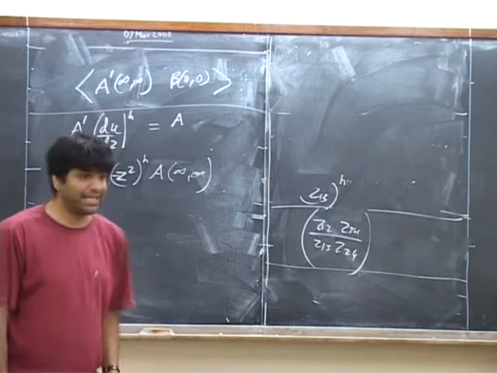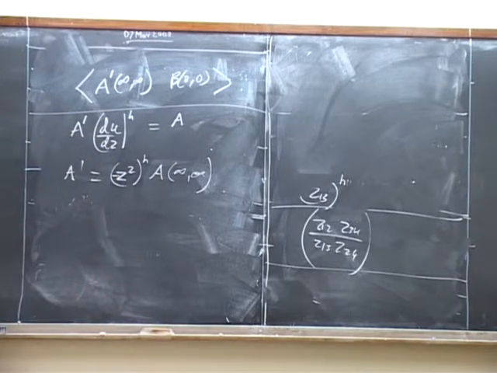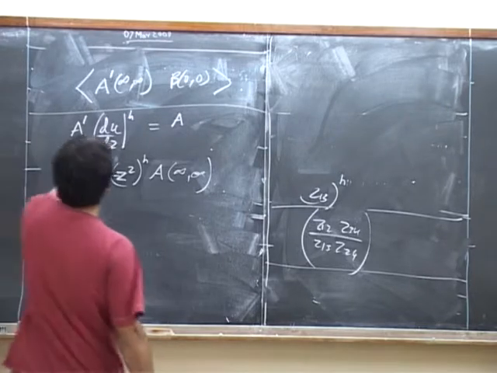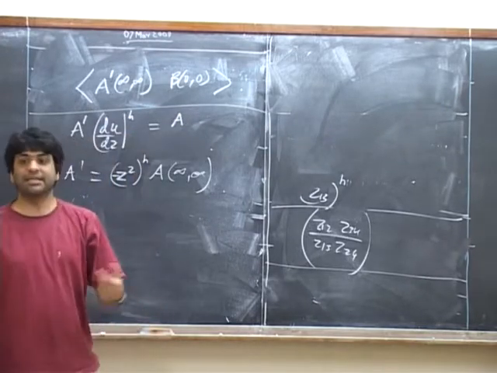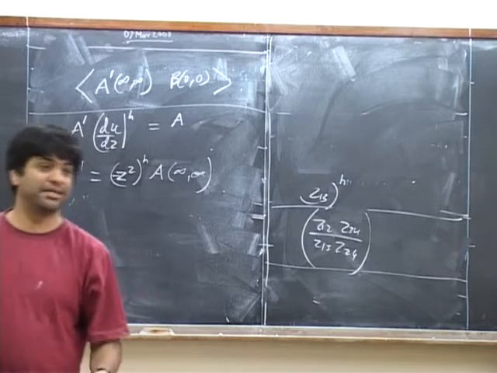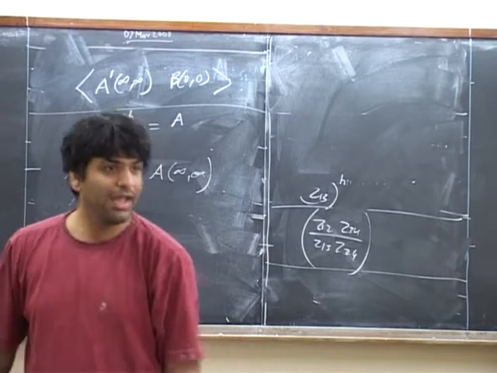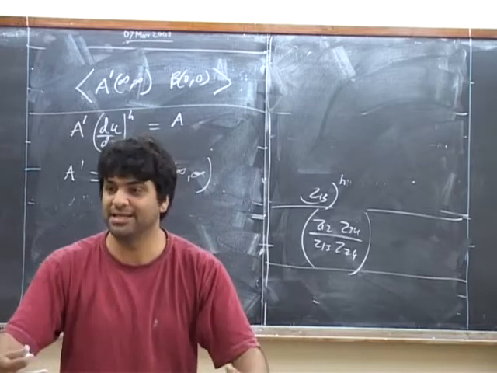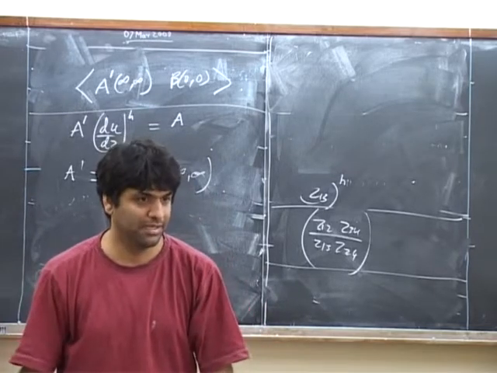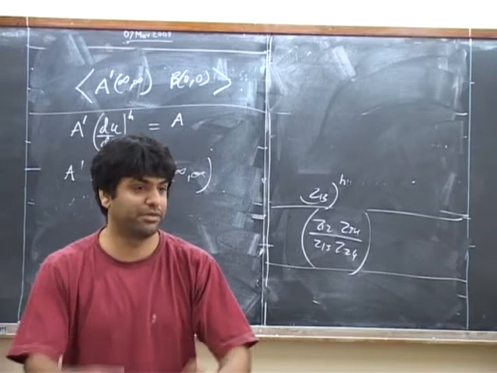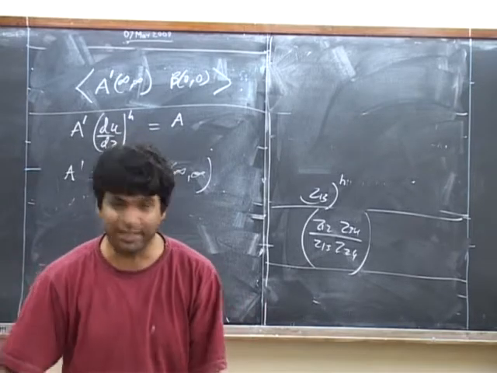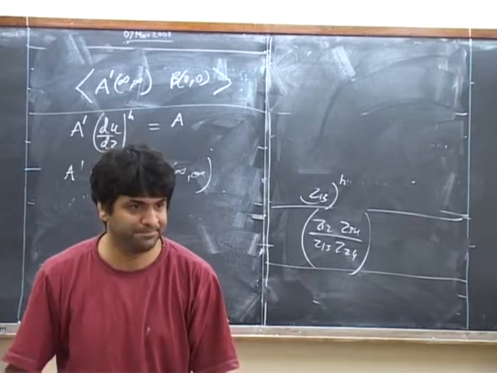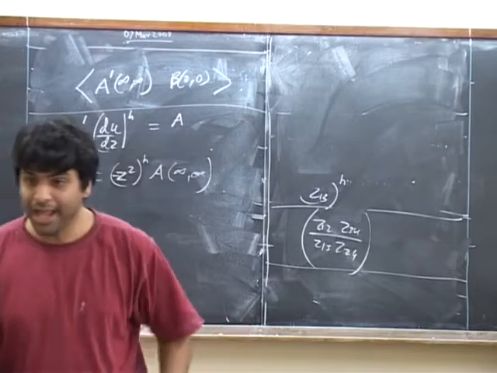Now, before trying to interpret it, let's first see that this thing is well defined. You might worry that this thing should just be 0, because it involves inserting one operator at 0 and the other operator at infinity, and we saw that the 2-point functions are 1 over z to some positive power. If you put z equals infinity, you get 0.